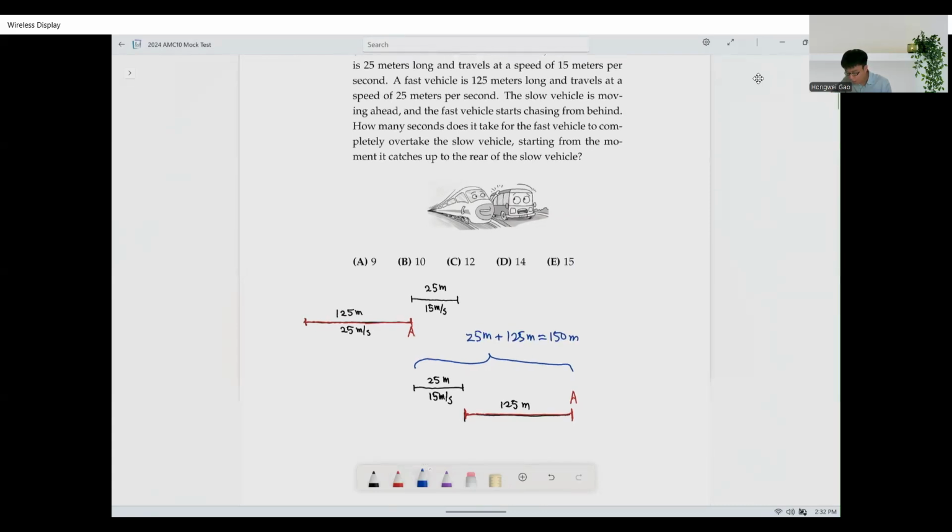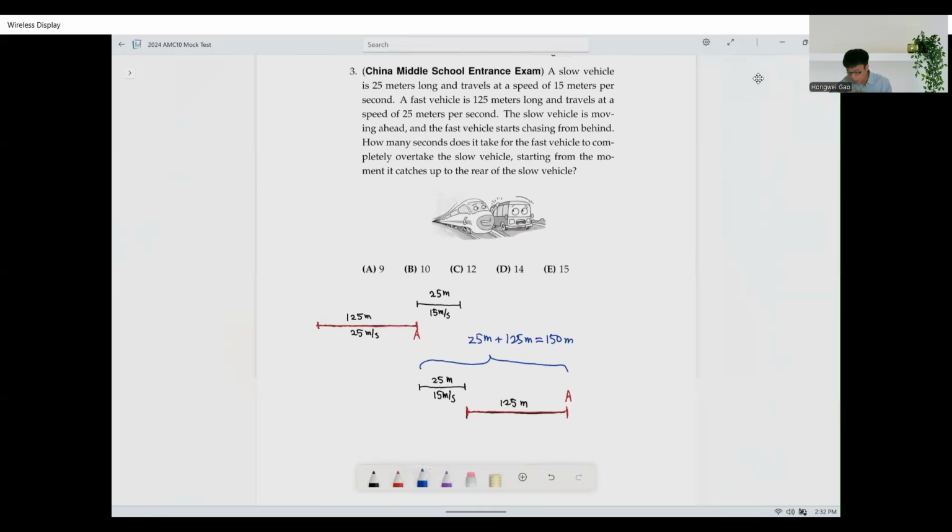Now, let's think about the catching up speed. The fast vehicle has speed 25 meters per second. The slow vehicle has speed 15 meters per second. Relatively, the fast vehicle catches up by 25 meters per second minus 15 meters per second. So the speed of catching up is 10 meters per second.